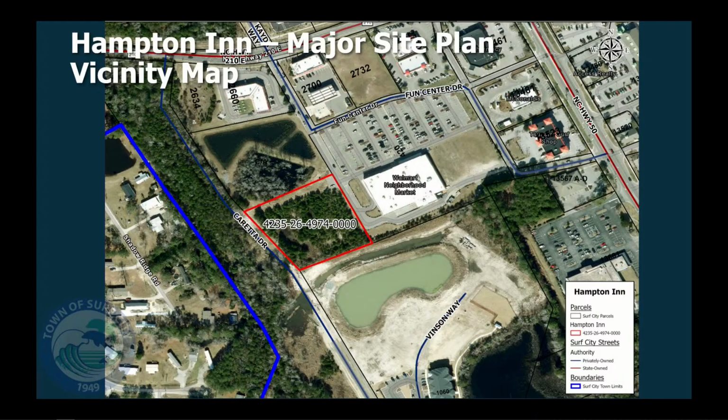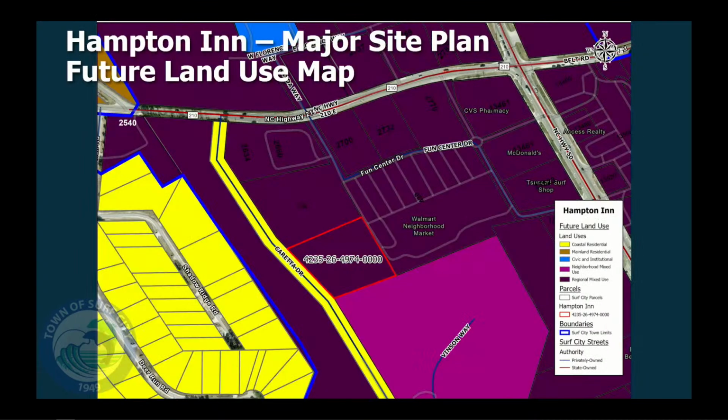And this property currently accesses directly to the 210 Fun Center Drive intersection. This proposal for a hotel is a 65,441 square foot hotel, 110 rooms, on 2.2 acres, zoned C3 extended commercial.